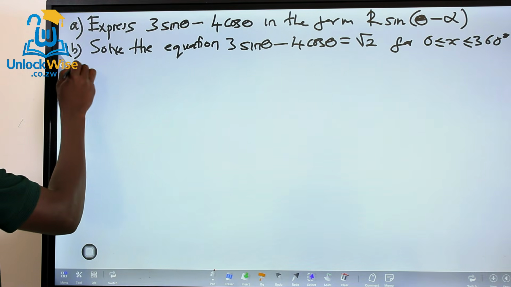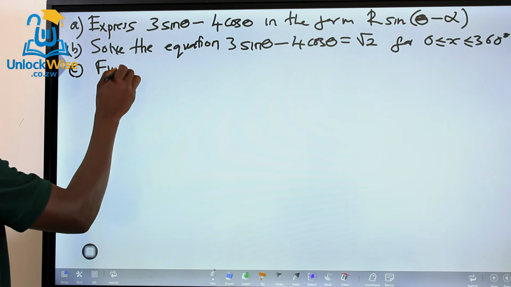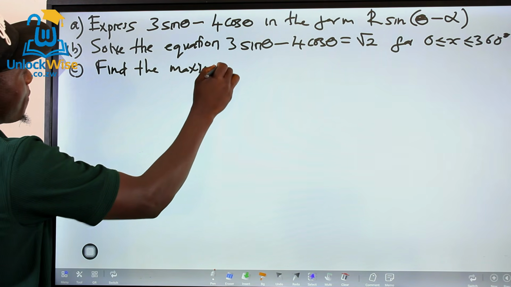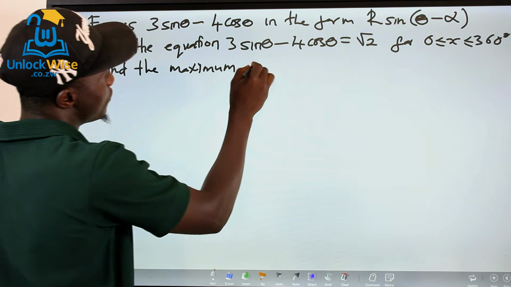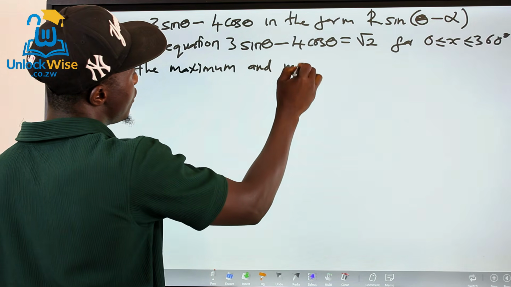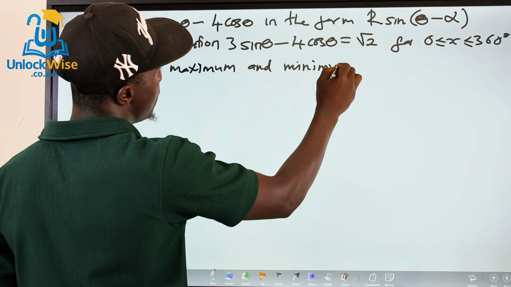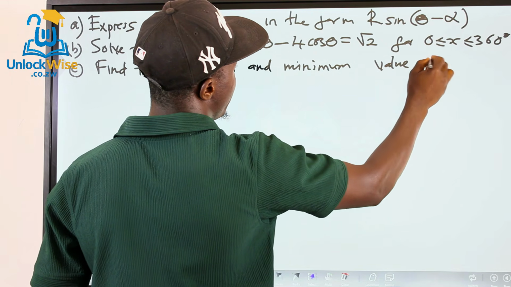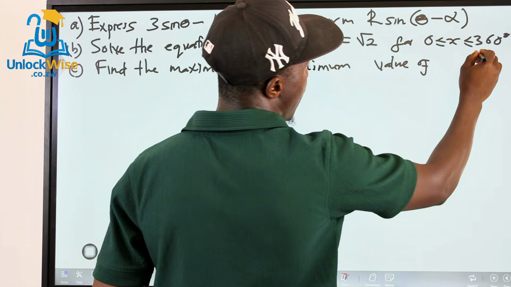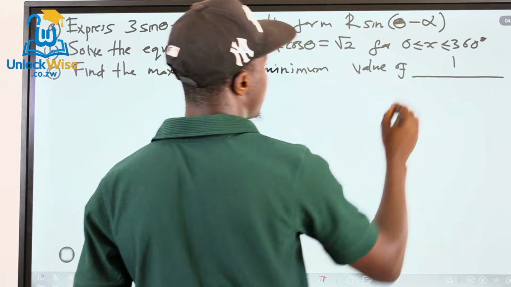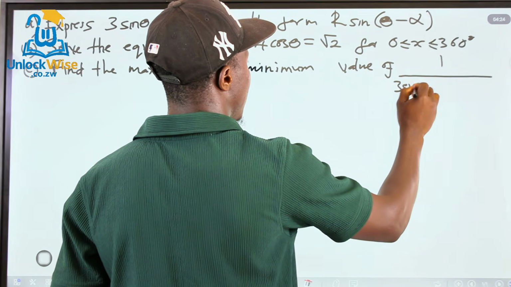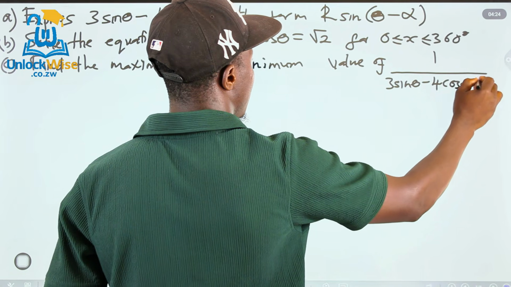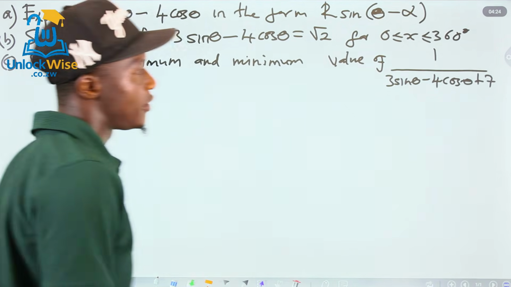Then the C part says, find the maximum and minimum value of y equals 3 sine theta minus 4 cos theta plus 7.